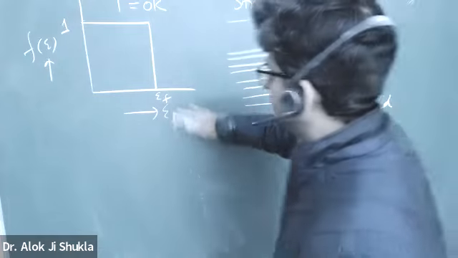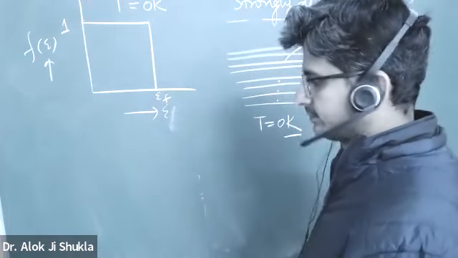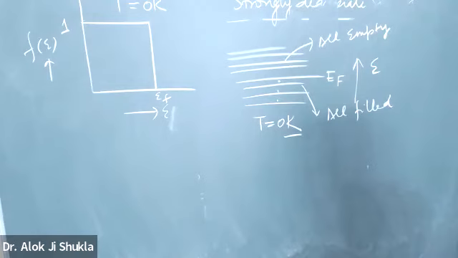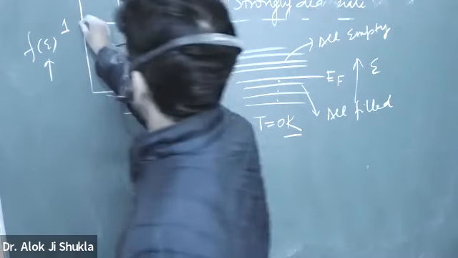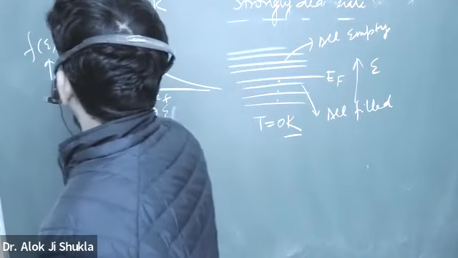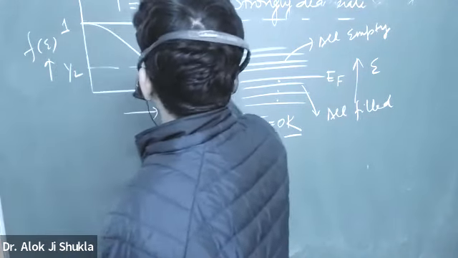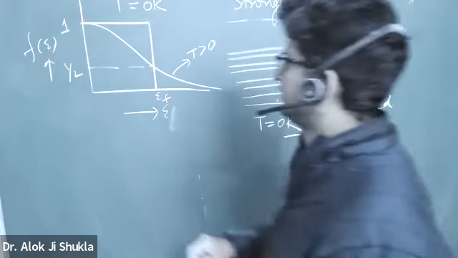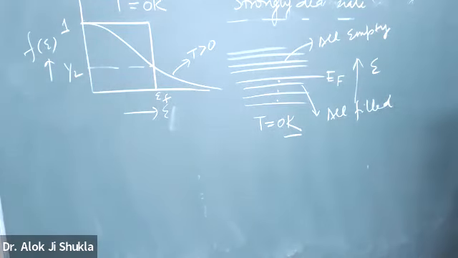This is E. Understood? And for greater temperature, if you plot the graph, it will be like this. This value will be half. This is for T greater than 0. Okay?